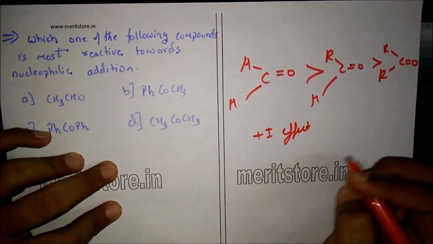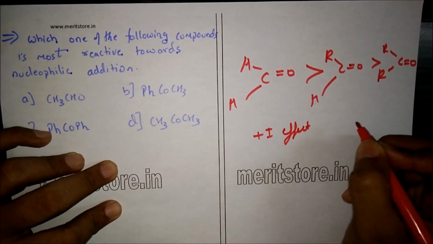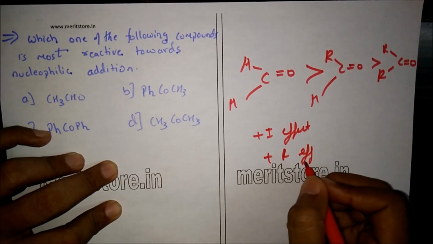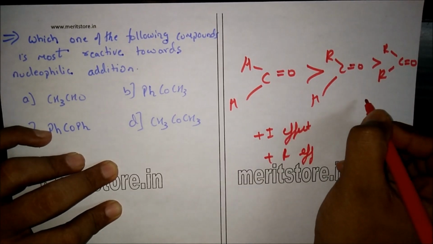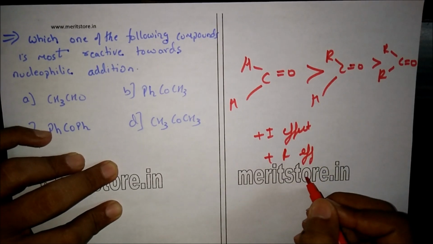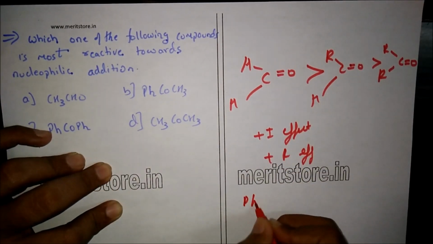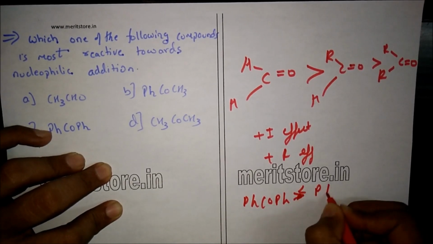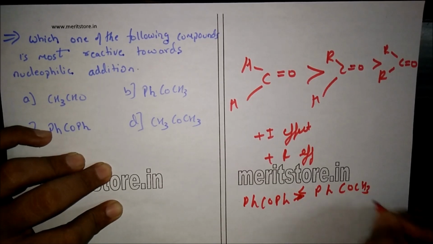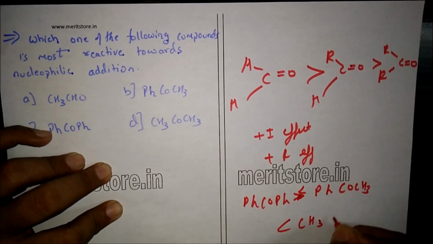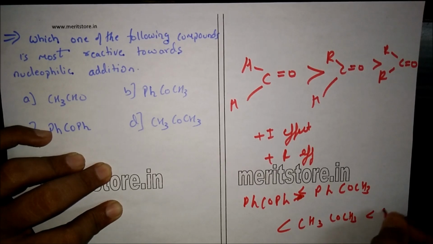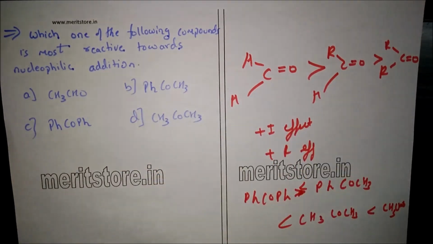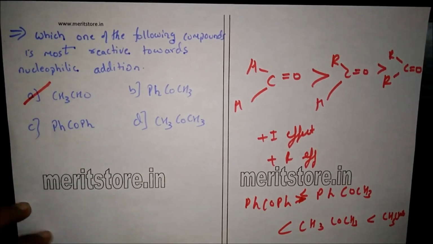The aromatic aldehydes and ketones are less reactive than their aliphatic analogues. This is due to the +R effect of the benzene ring. From this information, the order is PhCOPh is less reactive than PhCOCH3, which is less reactive than CH3COCH3, which is less reactive than CH3CHO. Therefore, the most reactive towards nucleophilic addition is A, CH3CHO.